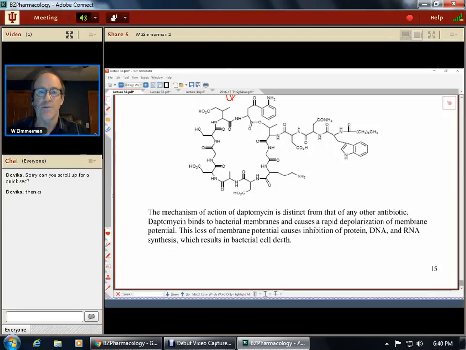But this drug binds to bacterial membranes and causes a rapid depolarization, which leads to cell death. Protein synthesis is inhibited, so it seems to open up pores into the membrane. So, very peculiar mechanism of action.